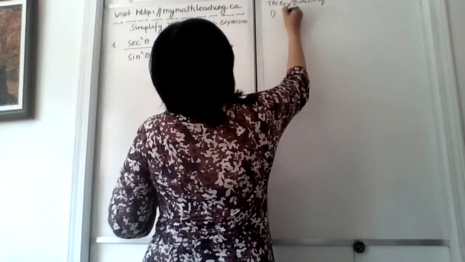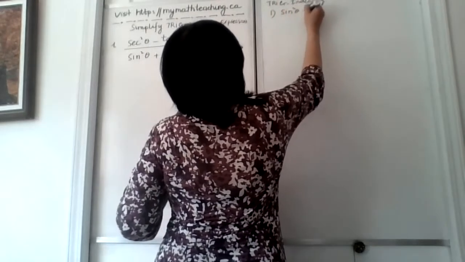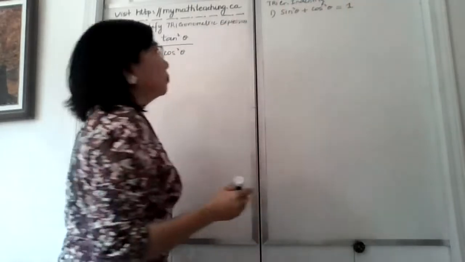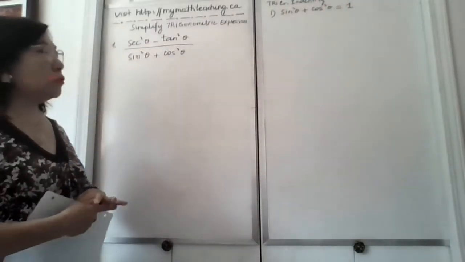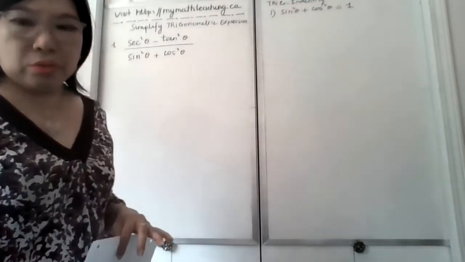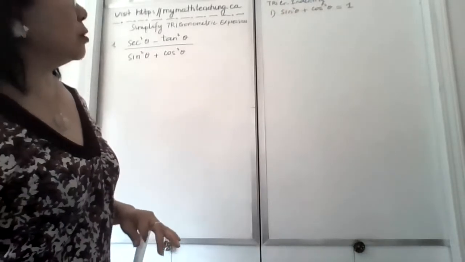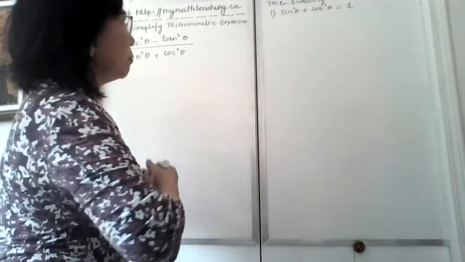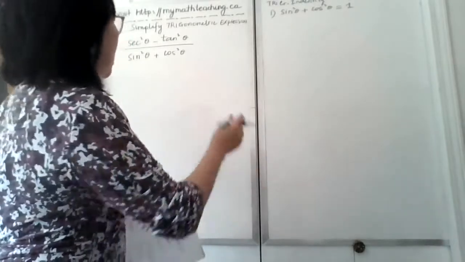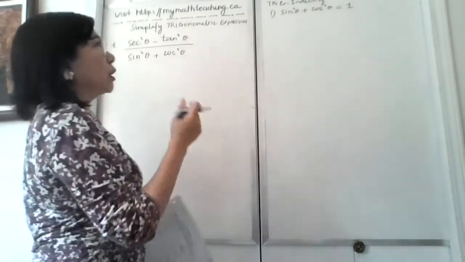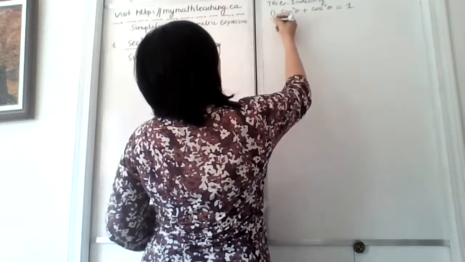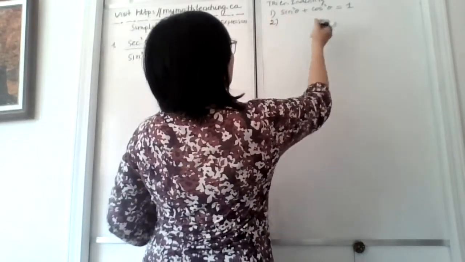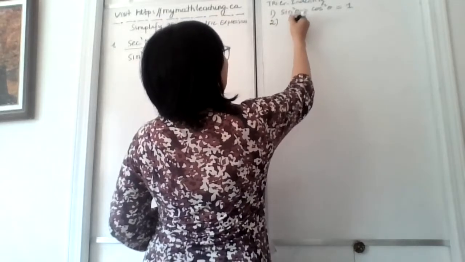The first one is sine square theta adding with cos square theta always equals 1. These are very simple trigonometric identities, and once we are able to simplify, we can draw them as well. These are the basic ones, and we pay attention so that we can use them to simplify.